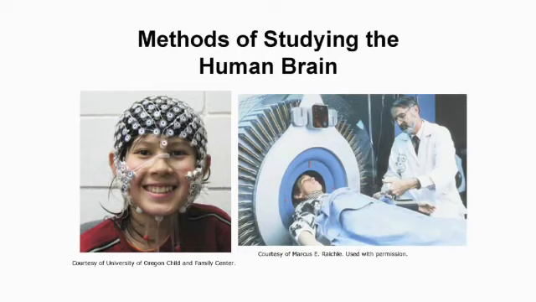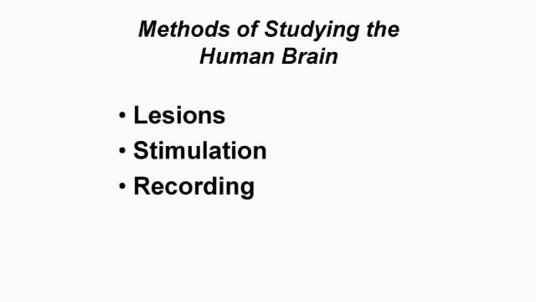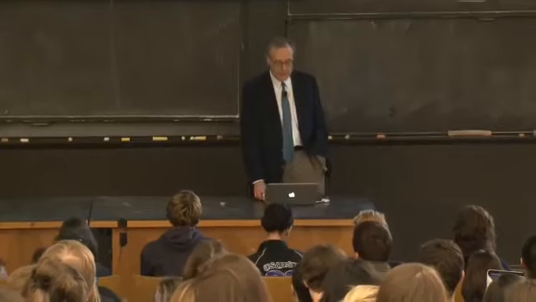There's three huge ways in which we know how the human brain is organized. Lesions, injuries to the brain. Stimulation, when you're allowed to stimulate the brain, rarer, but we'll talk about that. And the most common, the one you see all the time in books and magazines, recording: functional MRI, EEG, methods where we record brain activity and try to understand how that relates to the life of the human mind.